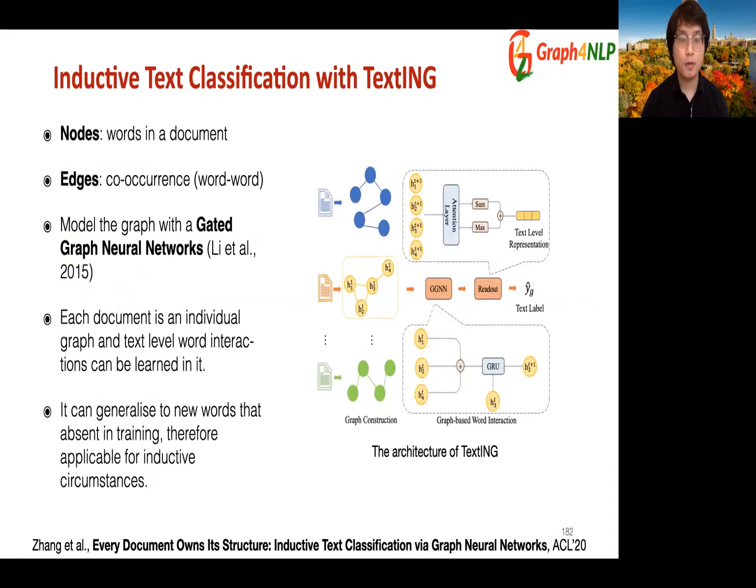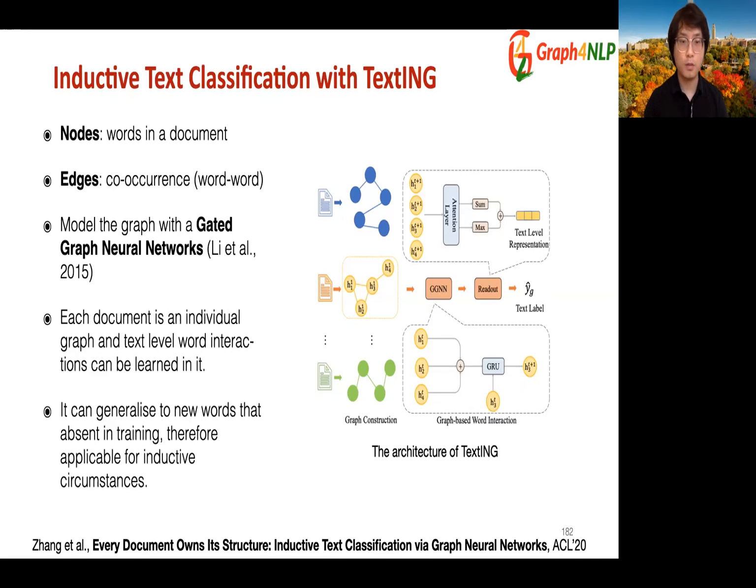In another paper, they proposed to utilize text-level graphs to further improve the performance of document classification with graph-based algorithms. In the previous algorithm, they are performing transductive classification because they form a big graph for all the documents and then perform node classification. In this way, you need to know the test documents in advance.